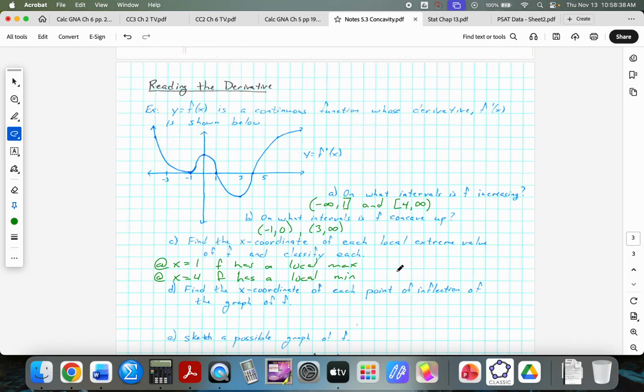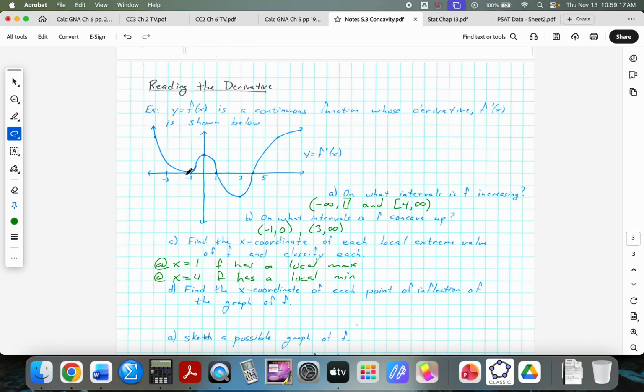All right. Now, they want you to find the x-coordinate of each point of inflection of the graph of f. All right. So, as I'm going from here to here, is f prime increasing or f prime decreasing? Decreasing, which means that f is doing what? It's concave down, right? And then here to here, f prime is increasing, which means f is concave up.